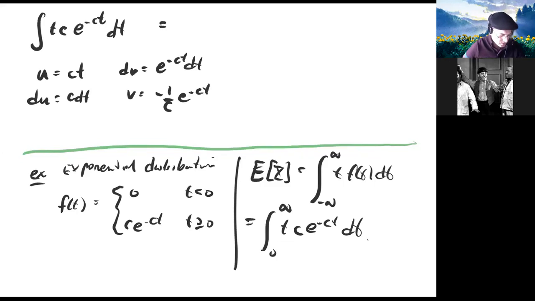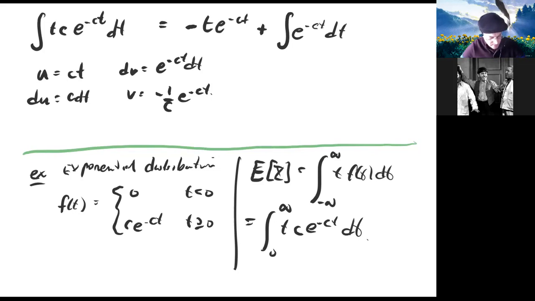And we're going to get u times v, which looks like it's going to be ct times minus 1 over c e to the minus ct. So there's some cancellation, and we get minus t e to the minus ct. Minus negative, so that's a plus, the integral of, when we multiply these two terms together, v and du, with the sign change, we're going to get e to the minus ct dt.